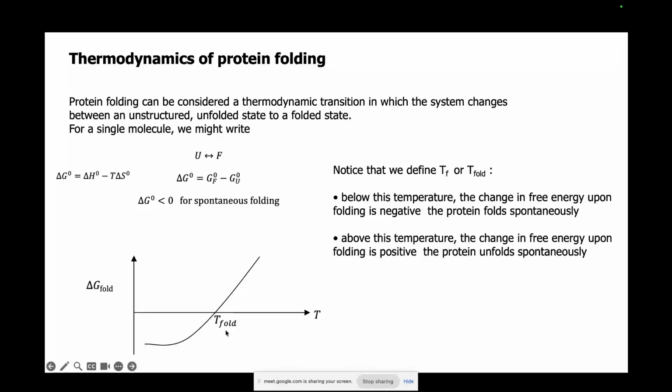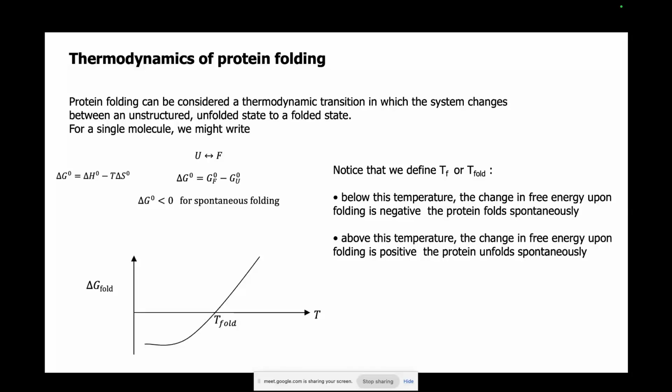Below this temperature, the change in free energy upon folding is negative, and the protein folds spontaneously. Above this temperature, the change in free energy upon folding is positive, and the protein unfolds spontaneously. So as I was saying, this is a reversible reaction.